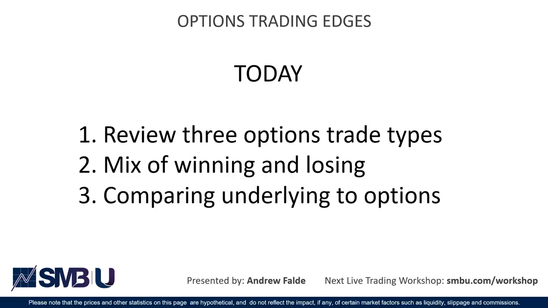And then in each of these, we're going to compare the underlying market to the options market. The options market is directly related. It is a derivative of the underlying. But those options move very differently, and these spreads we can trade move very differently. So we're going to compare those.